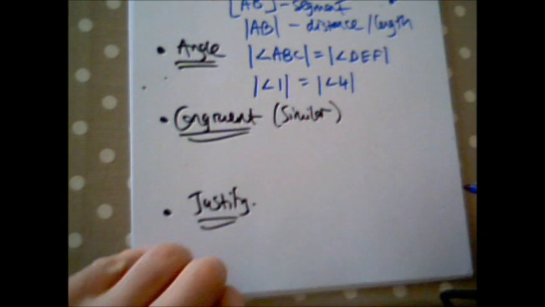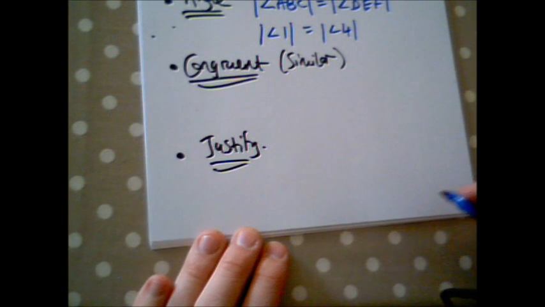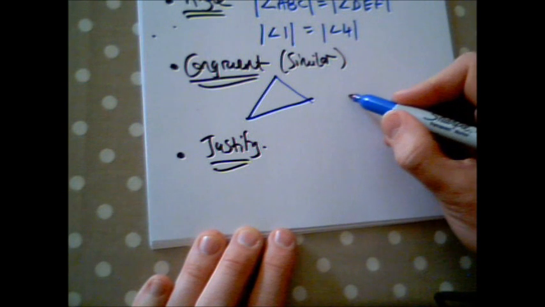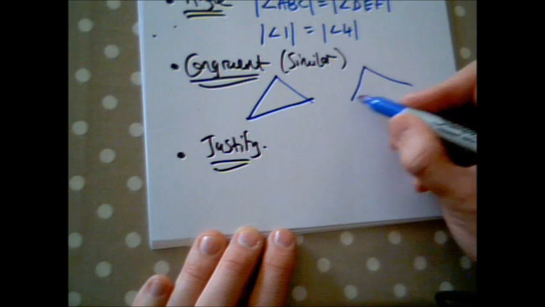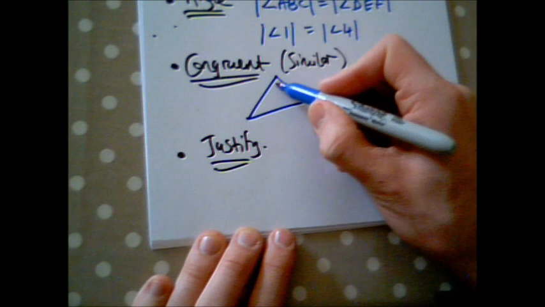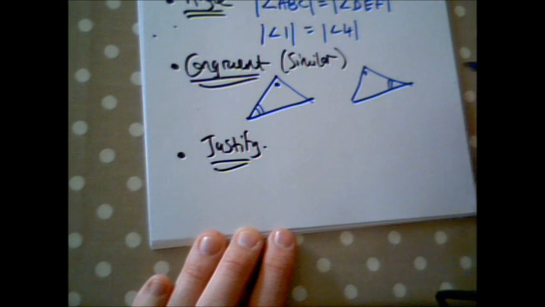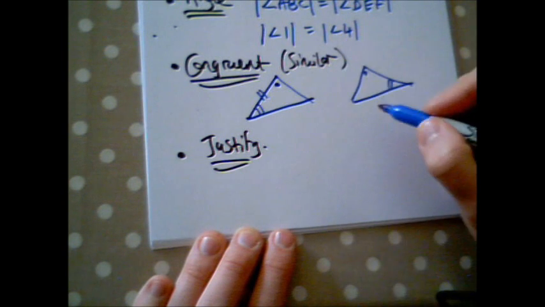Congruent triangles or similar triangles, the main thing with them is to remember to write them in the correct order. So suppose we have a case like this. Let's say that angle is equal to that angle. Let's say that angle is equal to that angle. And we'll say this side is the same as this side.